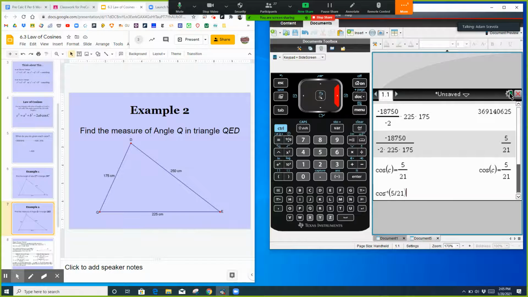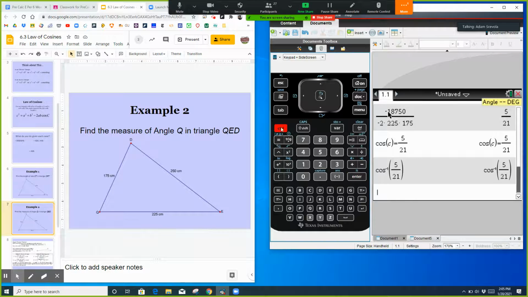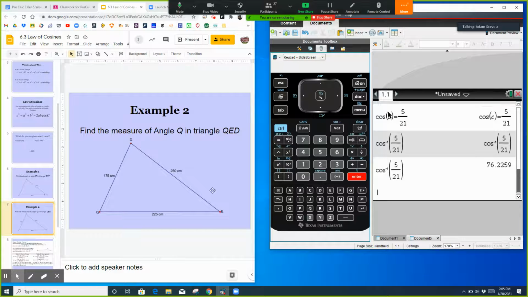Since that number is positive, it's going to give us the angle in quadrant 1, which would be acute. So that means that angle C is 76 degrees.